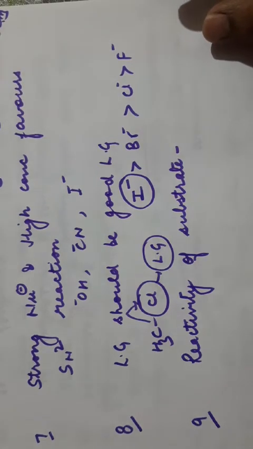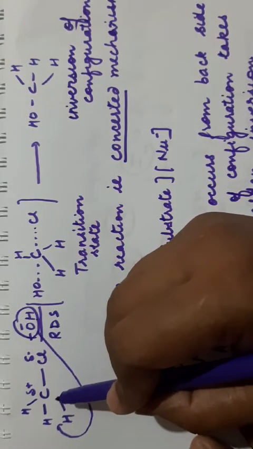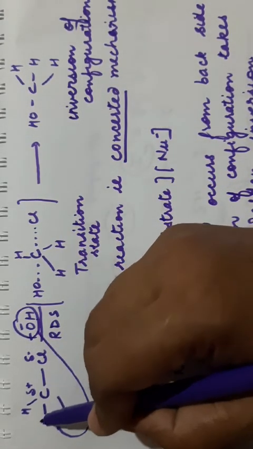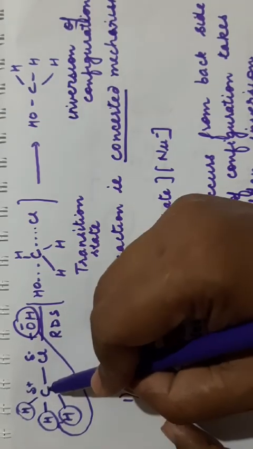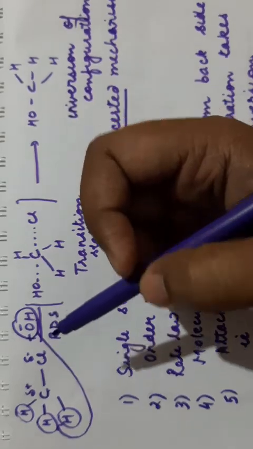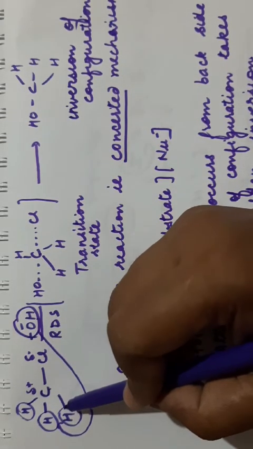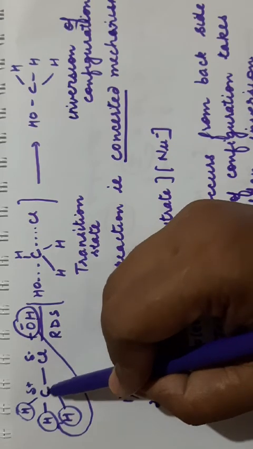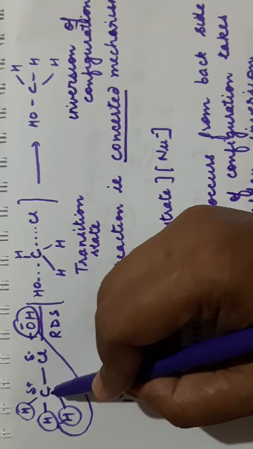See what is happening here: OH minus is attacking from the back side. If there is less steric hindrance, it means the groups attached to the carbon at which the attack is taking place are small, then the nucleophile can easily attack at this carbon.